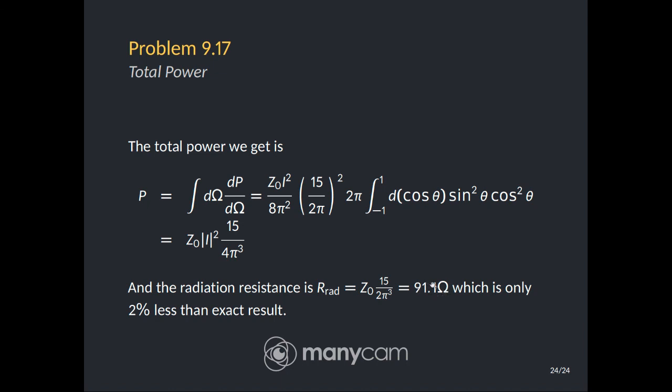This result is only 2% less than the exact one, which means the quadrupole moment is actually the dominant one in this system. But in order to calculate this result, we need to add the higher order terms in the expansion of the absolute value of x minus x prime.